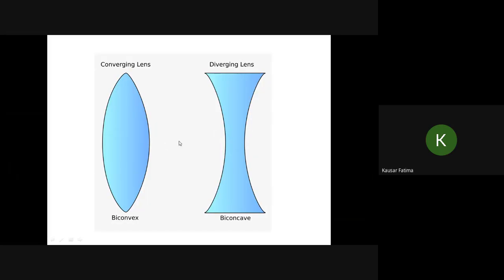These are the two lenses shown again, converging and diverging. This is a biconvex lens, both surfaces are convex, and this is a biconcave lens, both surfaces are concave. A convex lens has a surface bulging outward, and a concave lens has a surface which is curved inwards; it has a depression or depth.